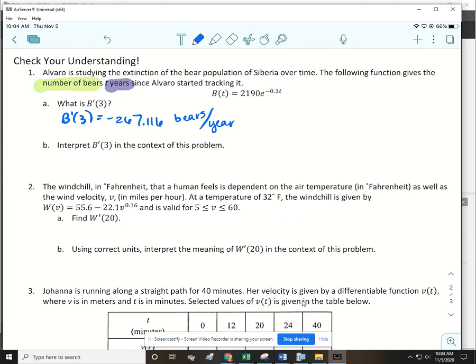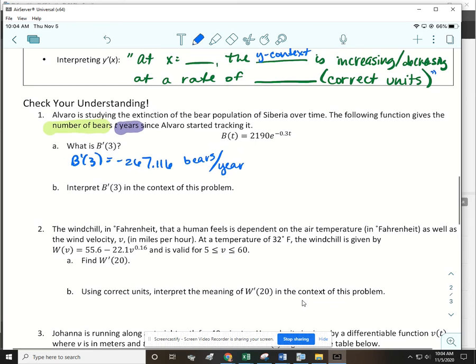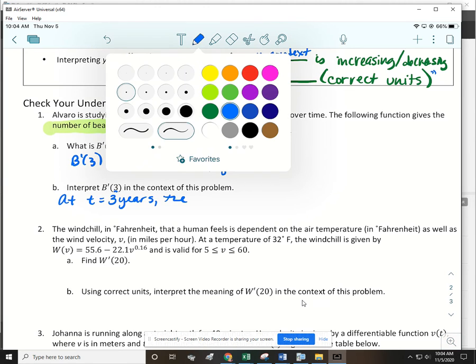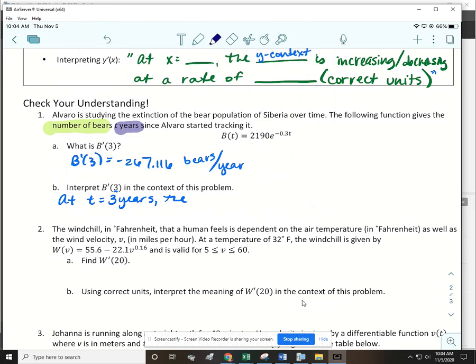All right, and then we want to interpret this in the context of the problem. So that's this kind of generic thing we wrote. So remember, this is at a certain moment in time, and that moment is 3 years. So at t equals 3 years, and then the context of this problem is the bear population.